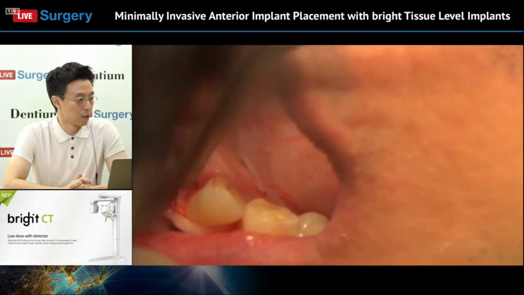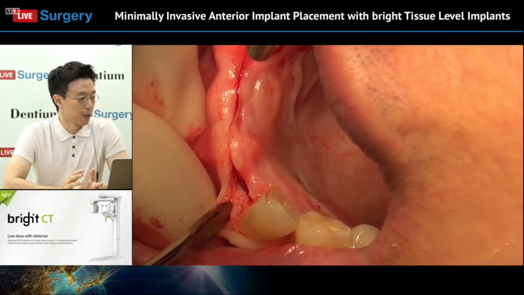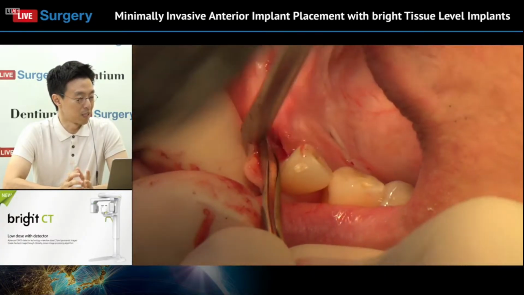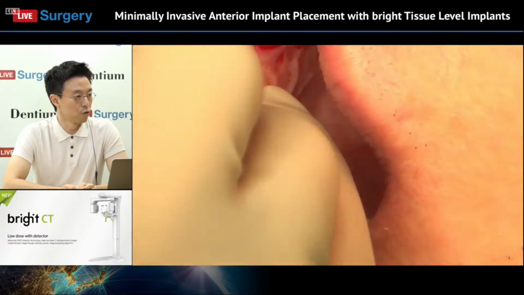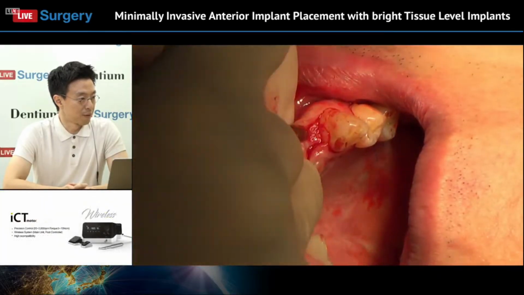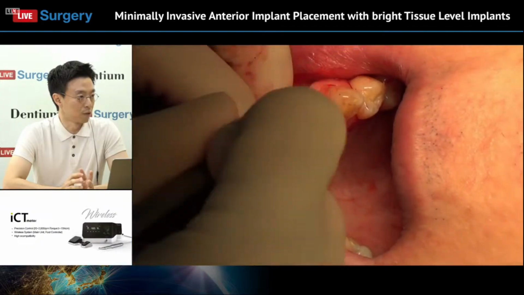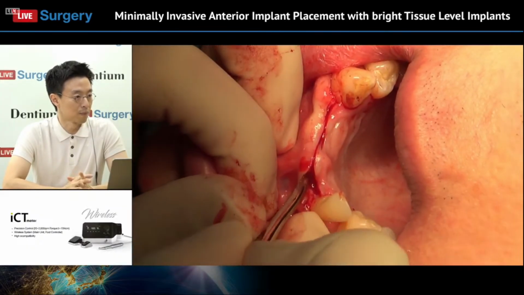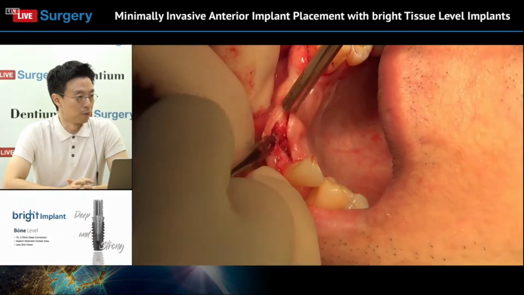In this case, the soft tissue, periosteum, and the gingiva thickness was too thick, so it was very difficult to elevate the periosteum and soft gingiva from alveolar bone.